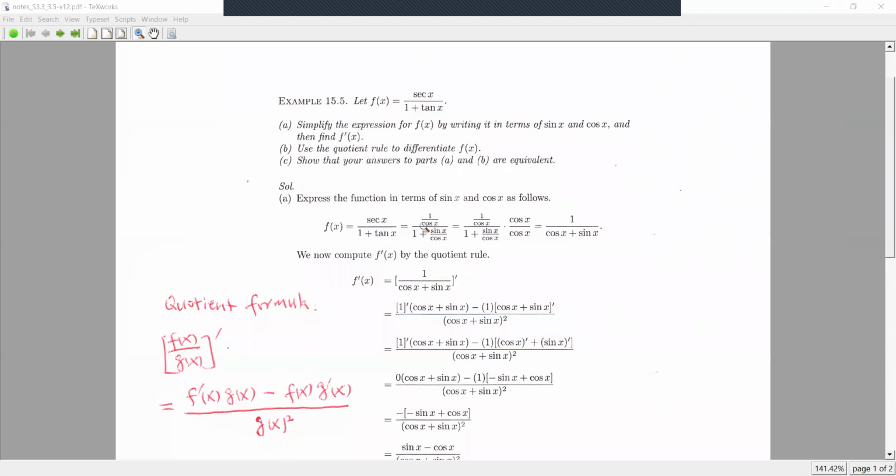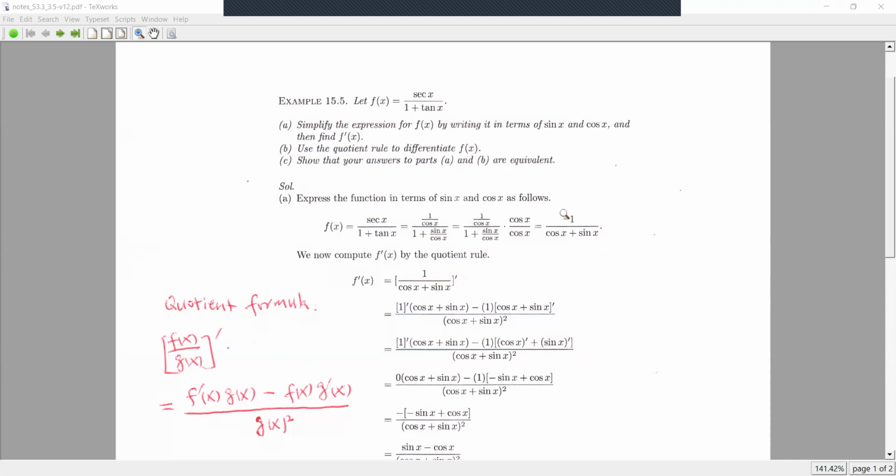To remove the denominator cosine, multiply the top by cosine, multiply the bottom by cosine. Numerator times numerator, 1 over cosine times cosine.